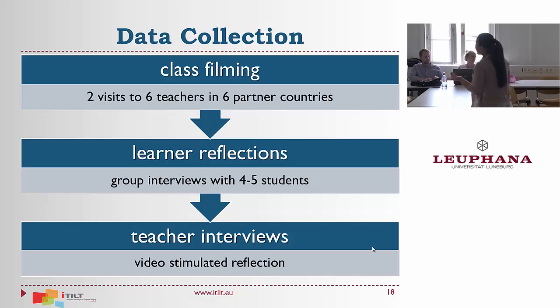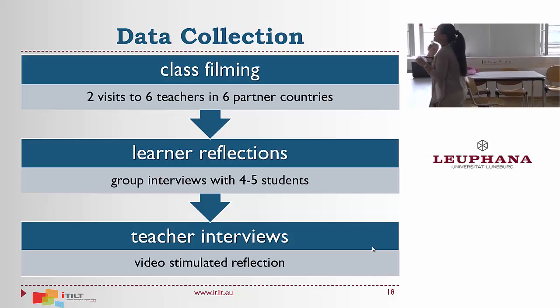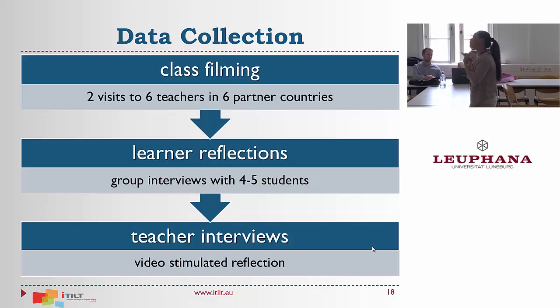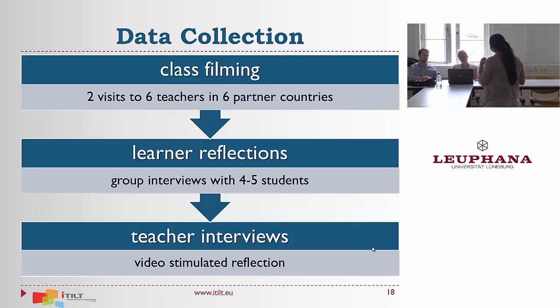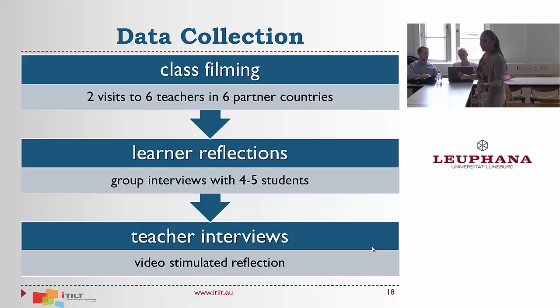We interviewed the teachers afterwards, and then we showed them the lessons, and we looked at the lessons together. And they reflected on their lessons, what they liked, what they didn't like, what they would like to improve, some reflective practice. And as we did that, they were supposed to choose some parts of the lessons that they found specifically interesting and where they thought the whiteboard was used wisely, or they could identify the added value of the interactive whiteboard, or the pupils especially liked that sequence, or whatever.